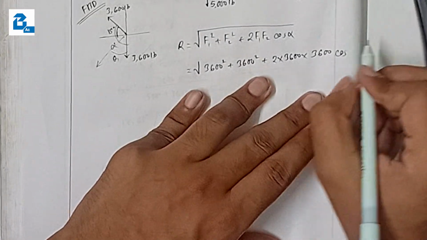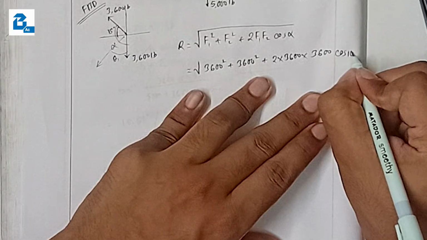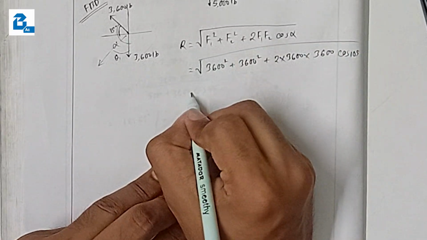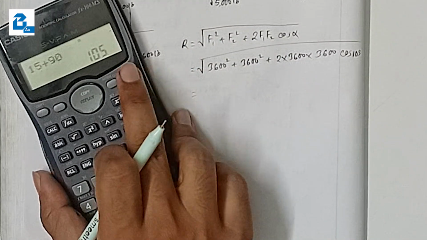So let's write just that, 105, and let's calculate the values here.